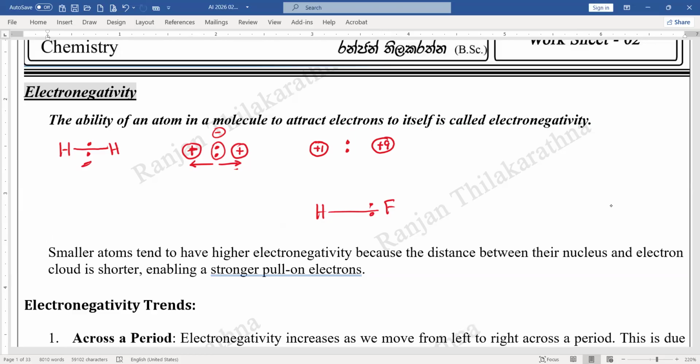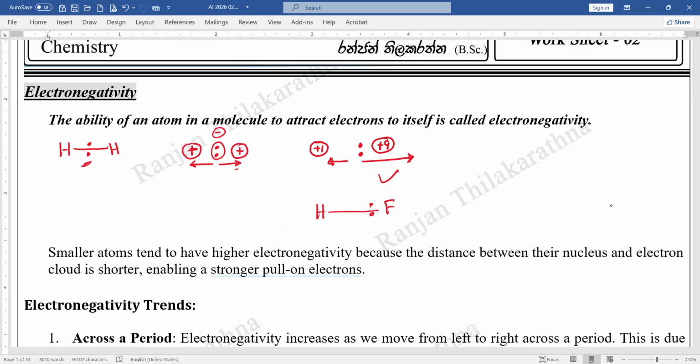Why? This 9 charges, +9, will attract the electrons much more strongly than they are attracted by this hydrogen nucleus. Therefore, the bond electrons will be much closer to the fluorine. Now, the relative ability to attract bond electrons is higher in the case of fluorine than hydrogen.